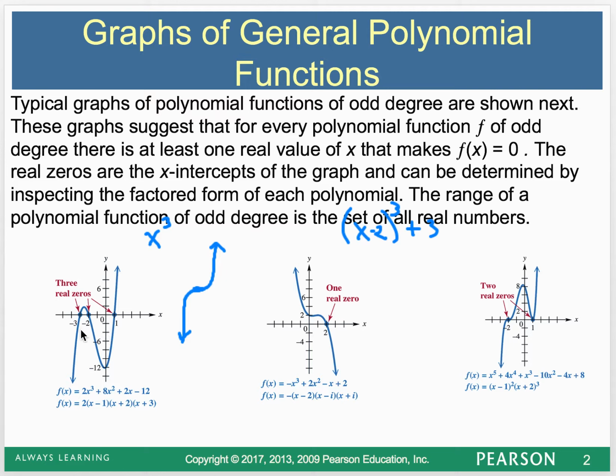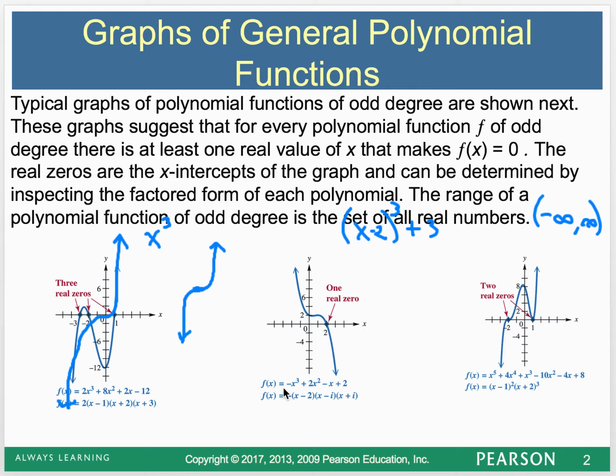But if I had some square terms and linear terms in there, that might make some wobbling happen in the middle of the graph. Okay, so the range of polynomial functions of odd degree is also all real numbers, negative infinity to infinity. And they look like cubes on the end, right? They all have that same cube shape, but they might have some stuff going on in the middle.